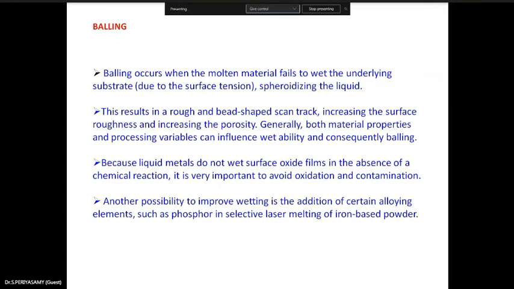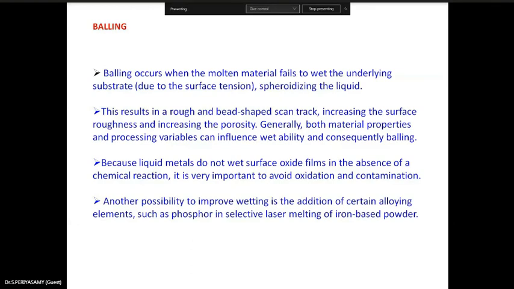Here you have porosity-based results with the hatch spacing in particular images. The images are given in different micrometer scales. For each image, you have a 200 micrometer hatch spacing, then 300 micrometer, then 400, and it goes on.